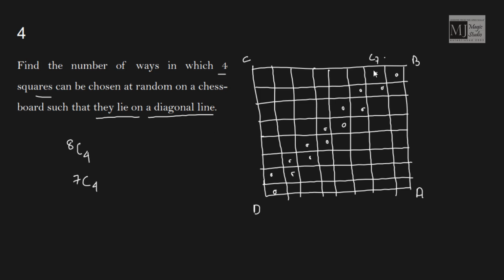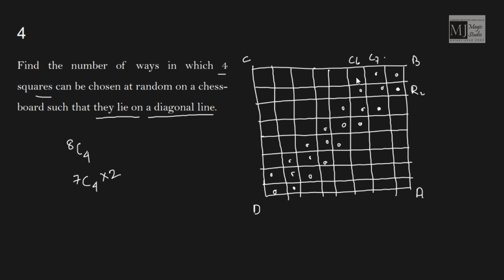It is 7C4. But if we see row 2 here, here also we have the same diagonal 1, 2, 3, 4, 5, 6, 7 with 7 squares. Then this diagonal and this diagonal are symmetric. That means in how many ways can we choose on these two diagonals? 7C4 into 2.